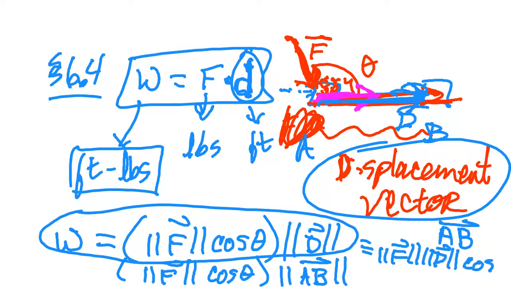Well, by our theorem, cosine theta is equal to F vector dot D vector divided by the norm of F vector times the norm of D vector. So this is equivalent to what? Just simply F vector dot D vector, and that would be the work vector.